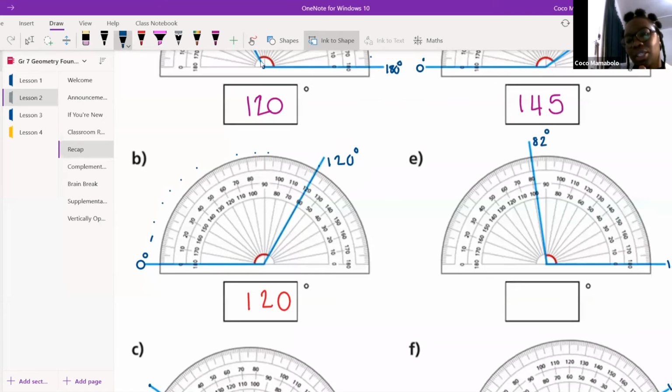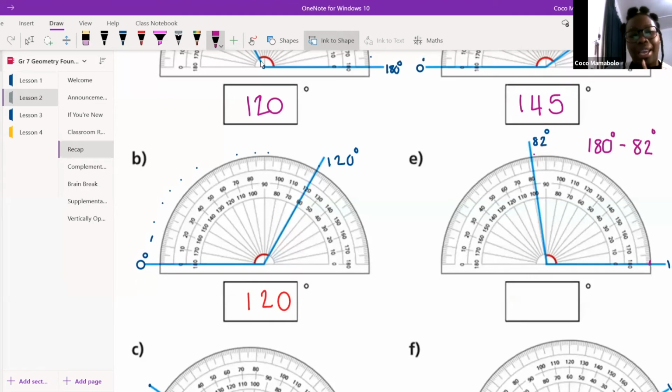Oh, okay, I see. So do you have the answer for me though? How many degrees is between 82 and 180 degrees? You can do a quick calculation. I can go 180 minus 82.